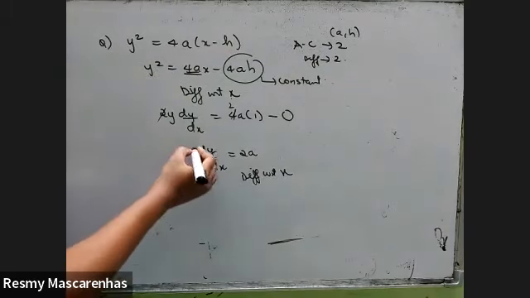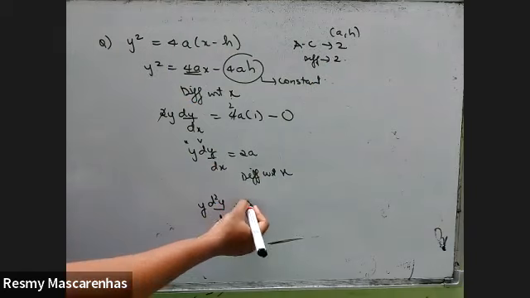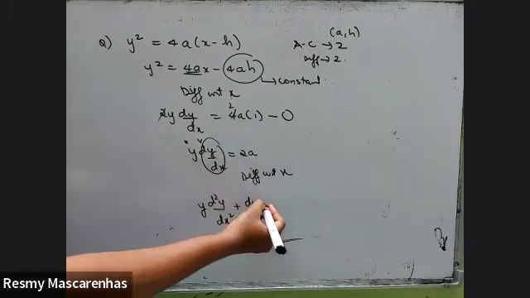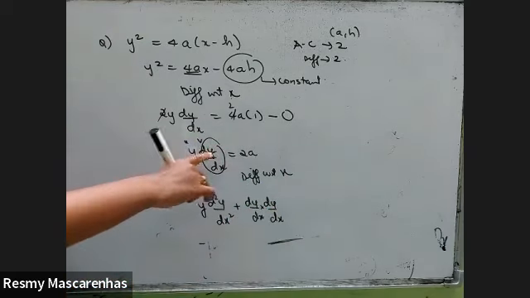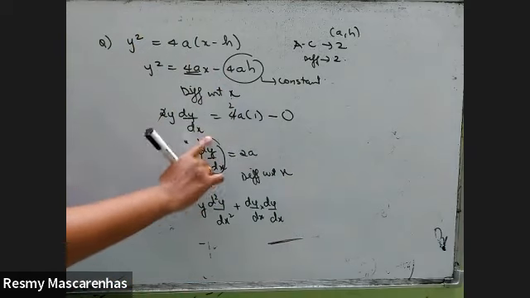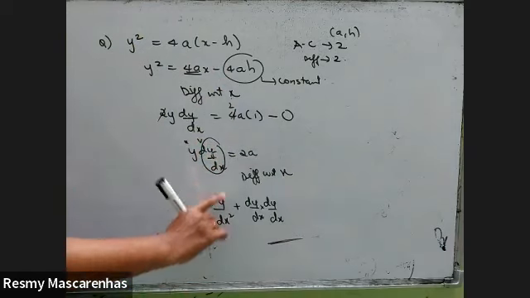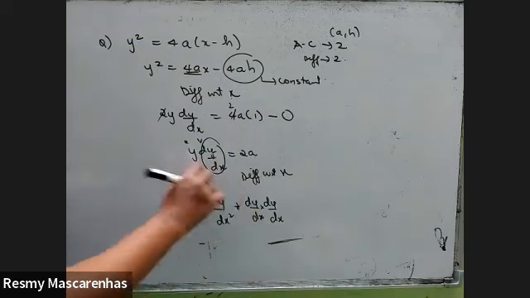So when you differentiate, use u into v rule. So y d square y upon dx square plus dy by dx into derivative of y. Derivative of y is again dy by dx. This is u, derivative of v. So derivative of dy by dx is again when you are differentiating, it will become square. Plus v I am copy pasting as it is and taking derivative of y.